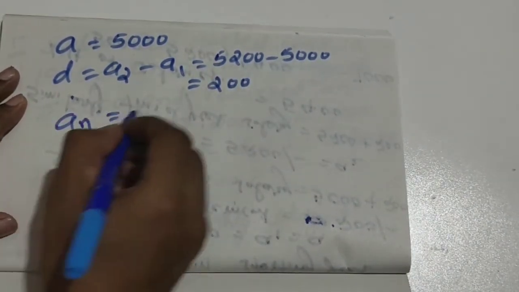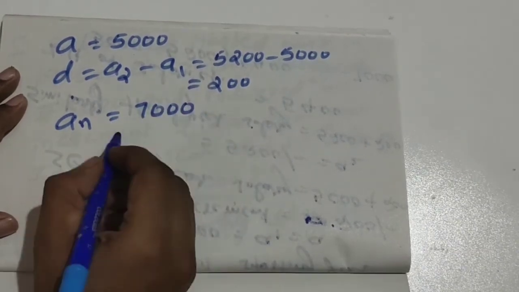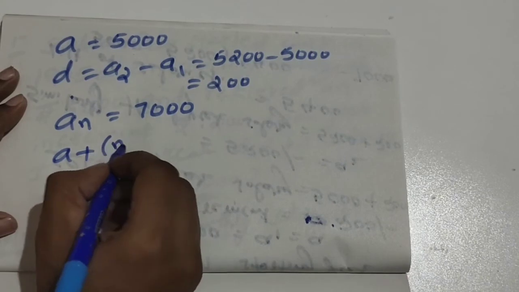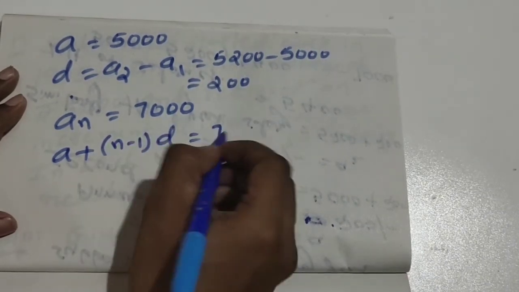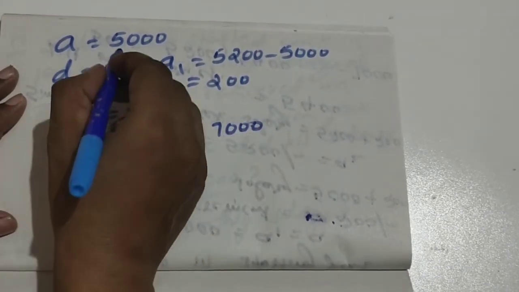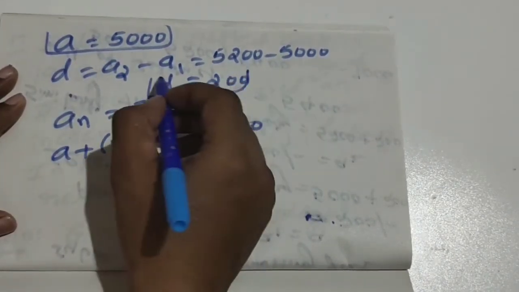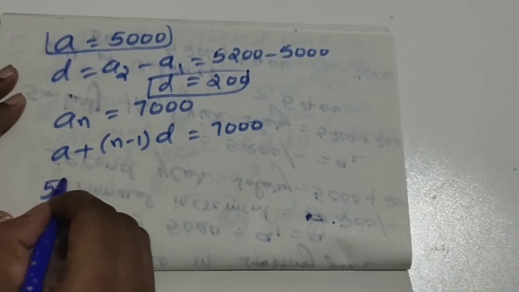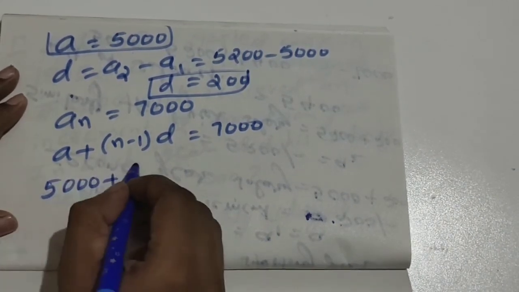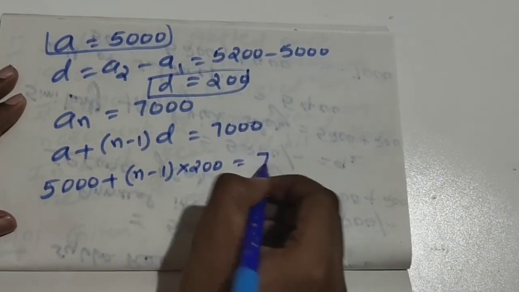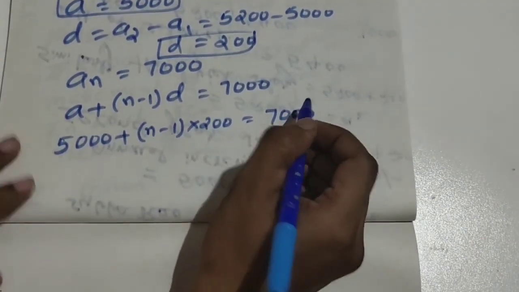Now here An is 7,000. Okay, so An formula: A plus (n minus 1) into D is equal to 7,000. Now substitute A value and D value. So by substituting them we can write 5,000 plus (n minus 1) into 200 is equal to 7,000.